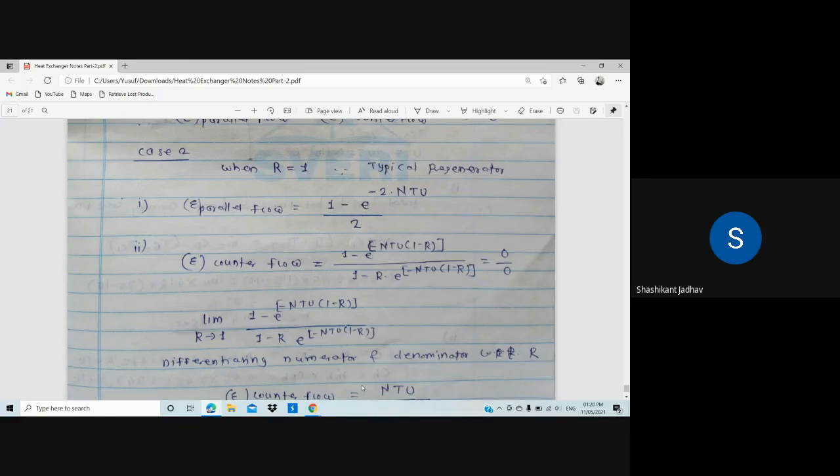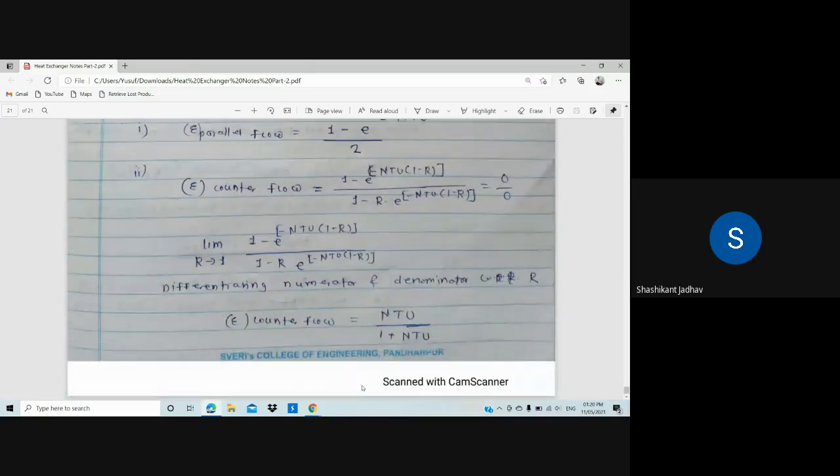Okay, so write down: it is 0 by 0 form, therefore we have to take the limit R tends to 1, of 1 minus e raised to minus NTU into bracket 1 minus R, divided by 1 minus R into e raised to minus NTU into bracket 1 minus R. Okay, so we have to take the differential.